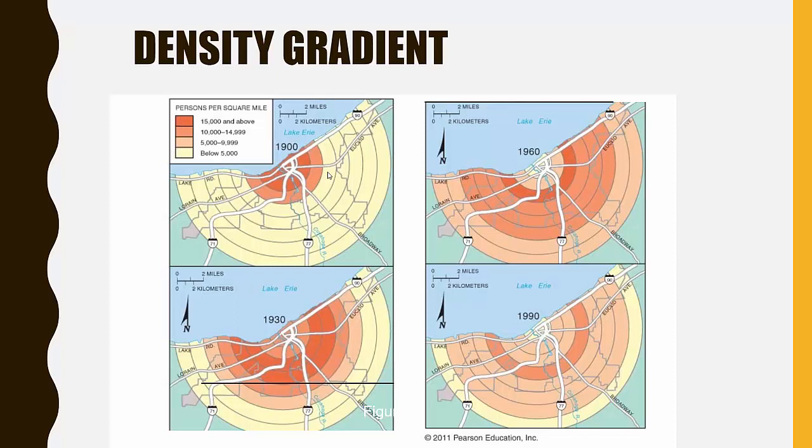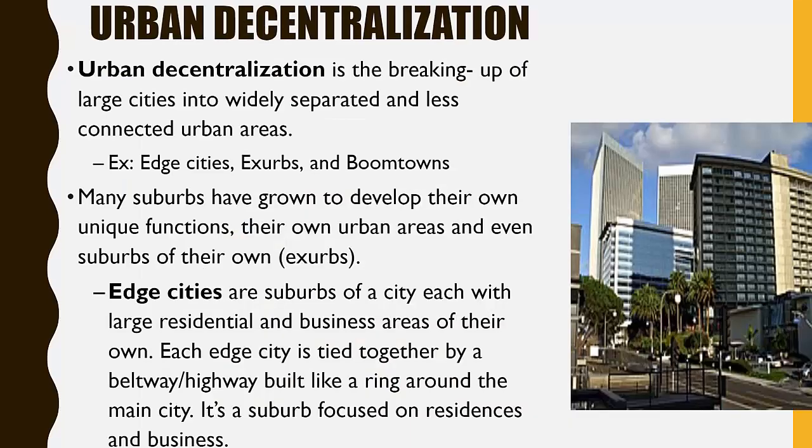By the 1960s, you're noticing the automobile has become very widespread. And so now middle and even lower class Americans can afford to live in surrounding areas, and don't have to live in the city center anymore. And that process has accelerated by 1990. And this is typical of most American cities that we see.